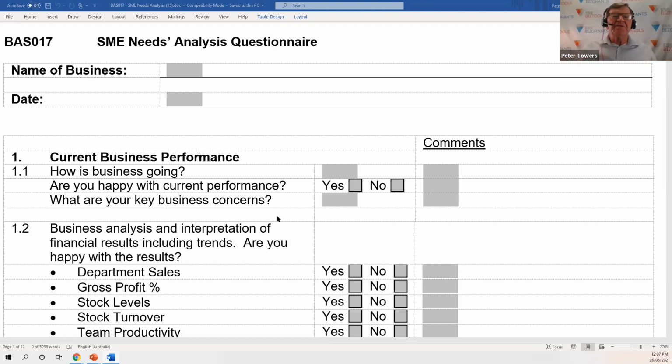A lot of SMEs think that only a very few accountants are able to offer these broader range of services. You have to tell them. You have to be able to communicate to them.